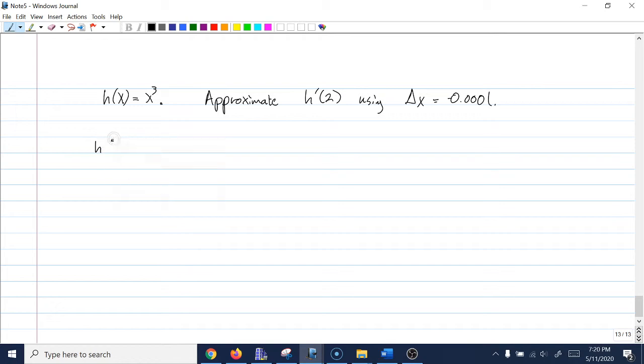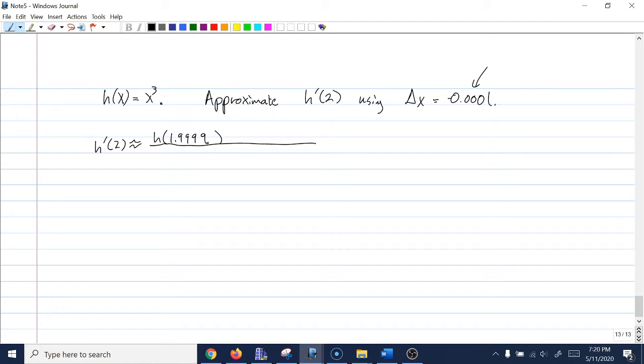Well, h prime of 2 is about, to approximate a derivative, I need to pick a number very close to 2, and they've told me what number to pick. They told me pick a number that is left of 2 by 0.0001.